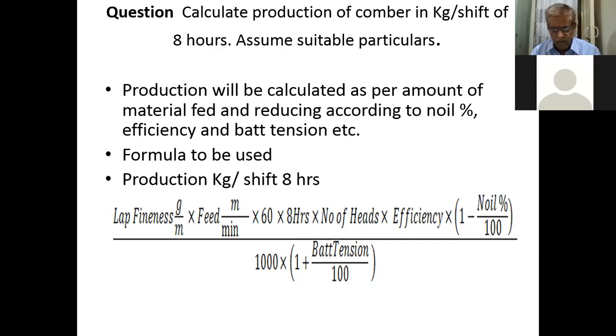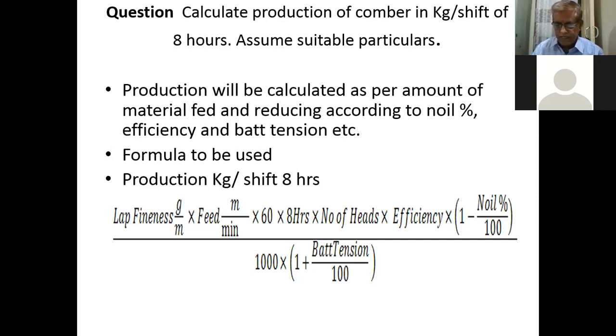So the formula to be used is lap fineness in grams per meter into feed in meters per minute. If we multiply these two factors, it will be grams per minute. To convert it into hours, we will have to multiply by 60. For 8 hours, multiply by 8. Number of heads 8, we will again multiply by 8.